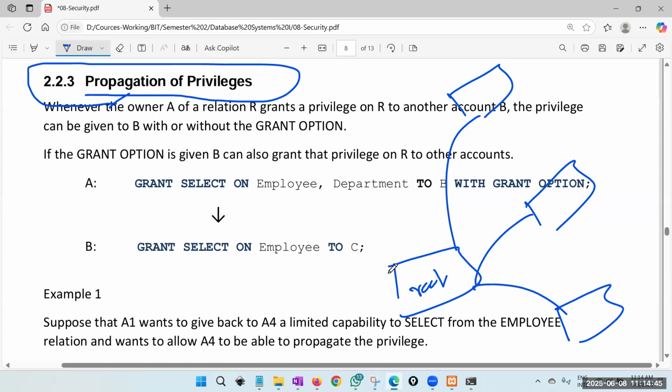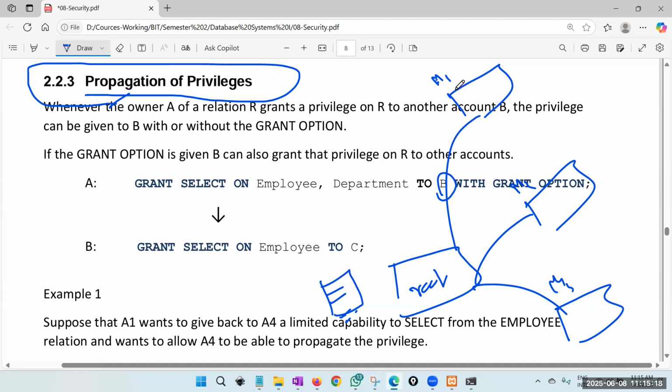So there's a table called employee. I want to give access to the employee table, that is maybe select, update, delete, for some particular admin user here or manager user here, manager 1, manager 2, manager 3. Okay, so then I can say grant select on employee and department to, say, the manager user.